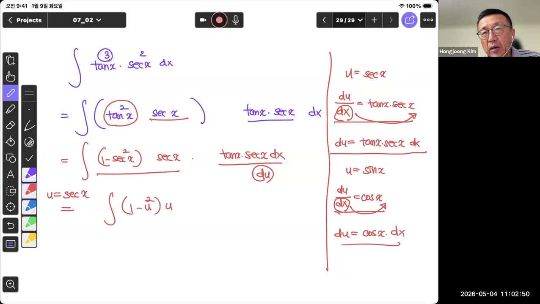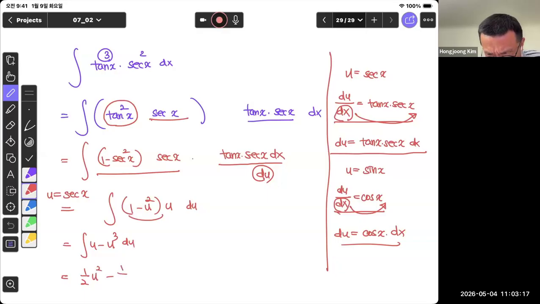So in this way, given some new variable u to represent a function in x, we can easily derive du. Anyway, in this case, we have du here. So the integrand is now u minus u cubed du, which is 1/2 of u squared minus 1/4 of u to the fourth.